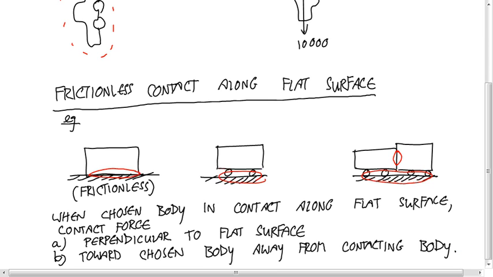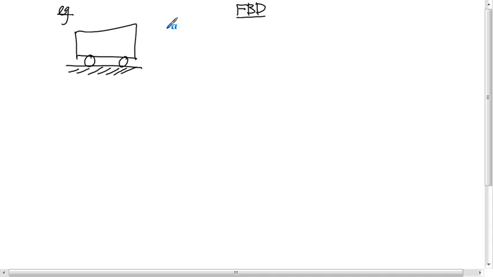All right, so here's an example. If you have a cart that's on a flat floor, the free body diagram of the cart has a weight force, and then the only other force is contact along a flat surface.